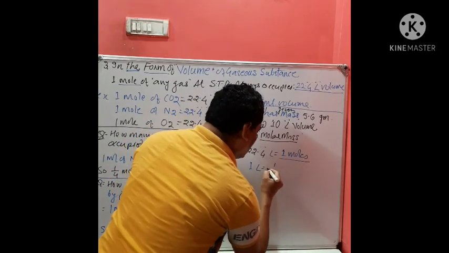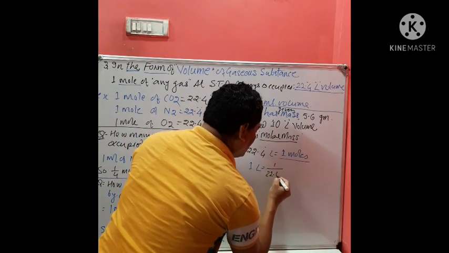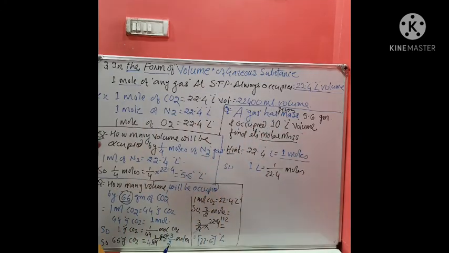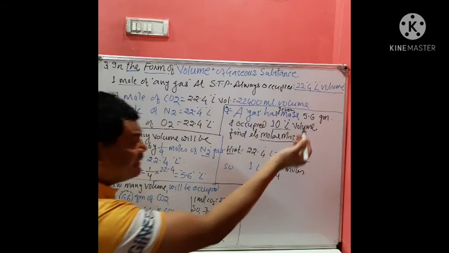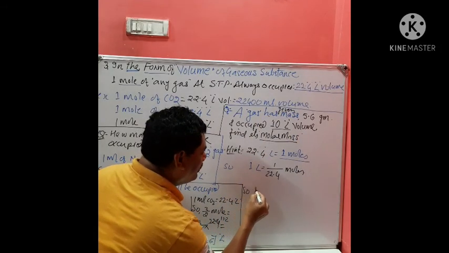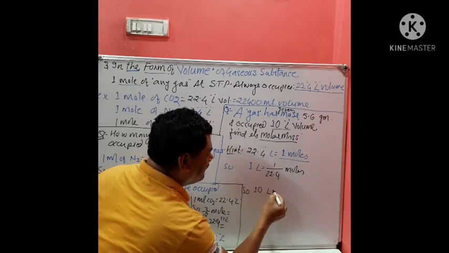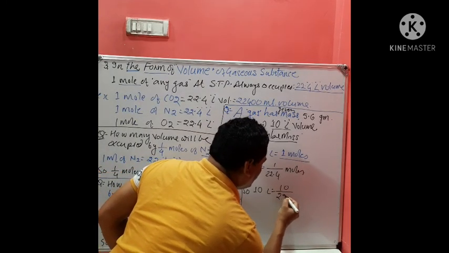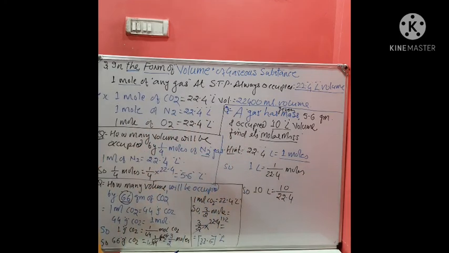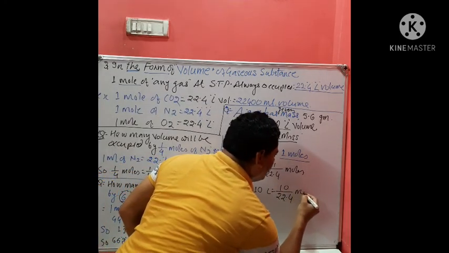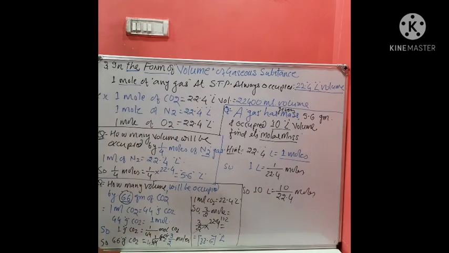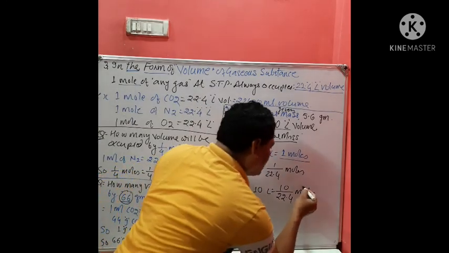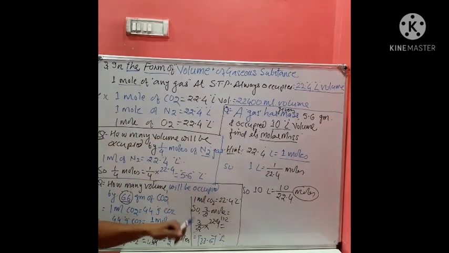It will be 1 upon 22.4 moles, isn't it? Now how many liter is given? 10 liter. So 10 liter is equal to 10 upon 22.4 moles. This mole amount is given.